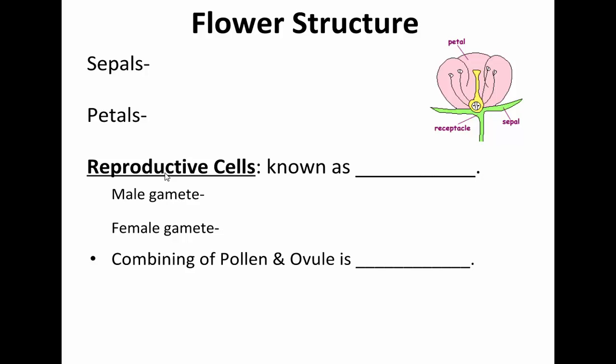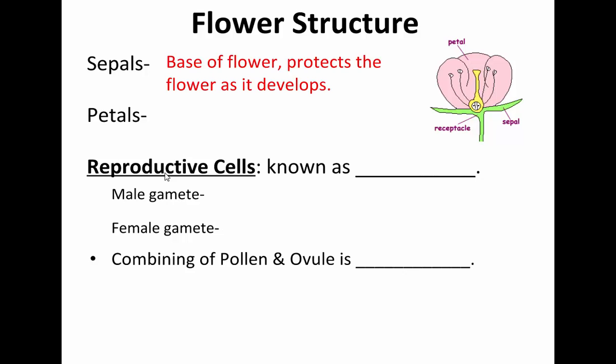Those parts are called the sepals. It's like the base. It holds the rest of the flower, supports it. And then what's often colorful are what we call the petals. Sometimes the petals are meant to attract animals to help with pollination.